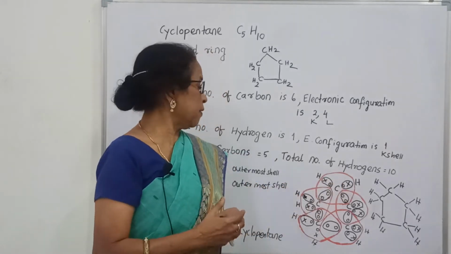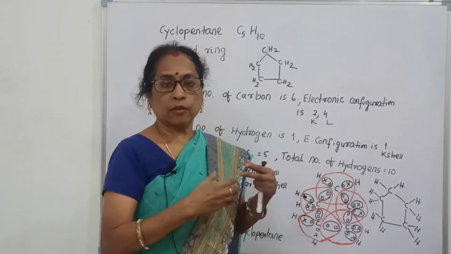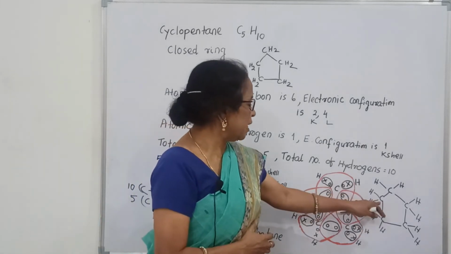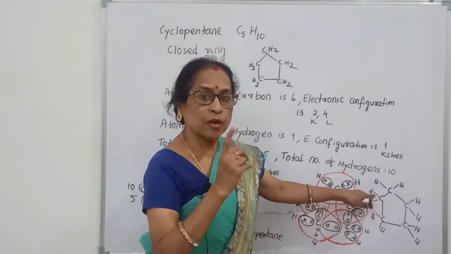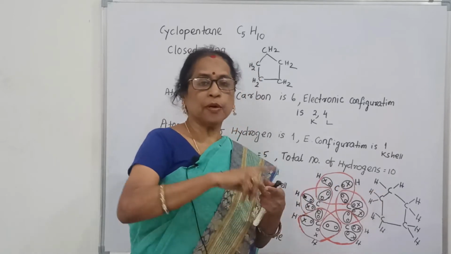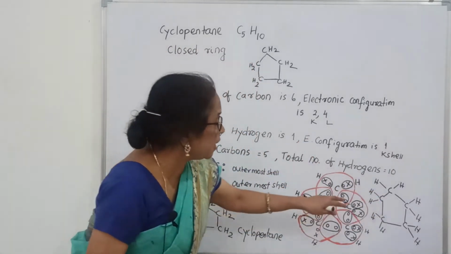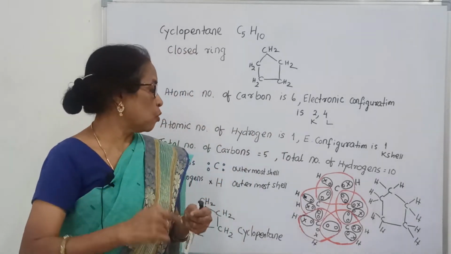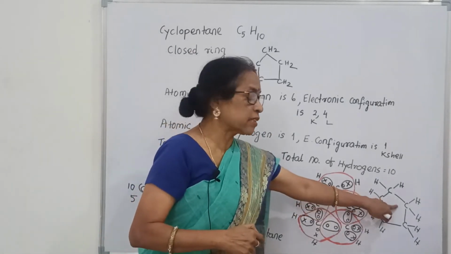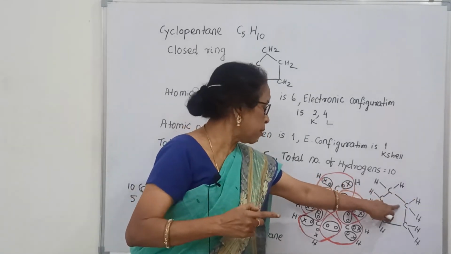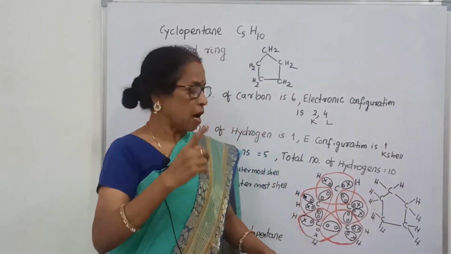That will be shared. And here also pairing of electrons takes place, and that gives one covalent bond. Similarly, here also you can see this is one covalent bond from carbon 1 electron and from hydrogen 1 electron. That means here also it forms one covalent bond. And here this carbon also same, one electron from this carbon, 1 electron from the hydrogen.